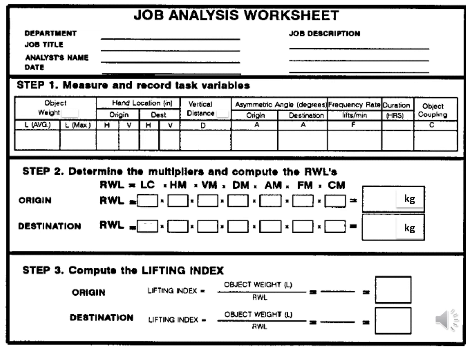As you can see in step 2, there are origin and destination. So we need to calculate the HM, VM, DM, EM, FM, and CM and find the multiplier of each parameter.